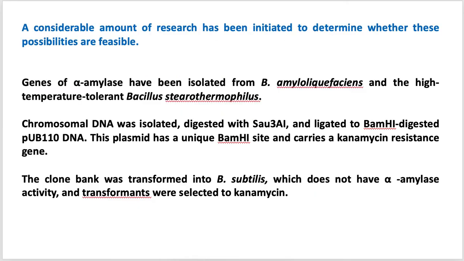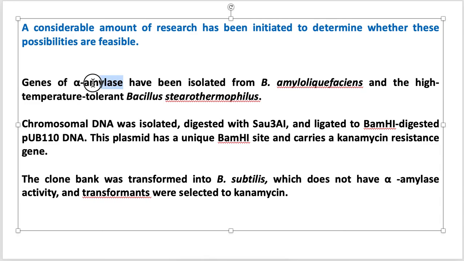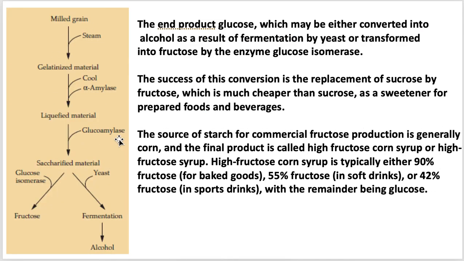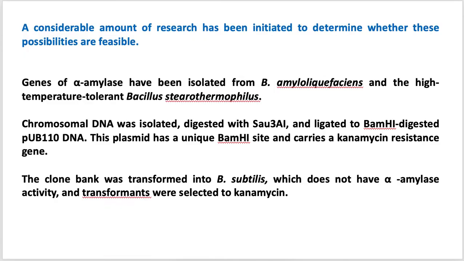So what are the scientists trying to do? In one attempt, they are trying to develop or isolate an alpha amylase, since alpha amylase is involved in this step. Scientists are trying to identify or isolate a heat tolerant or heat stable alpha amylase. How are they trying to do that?